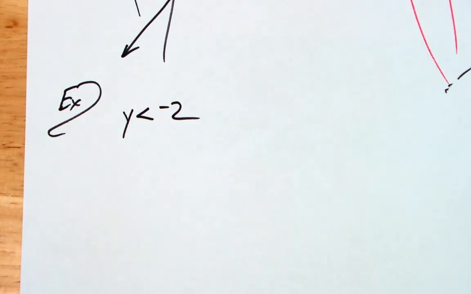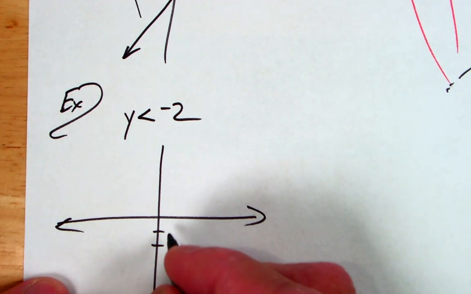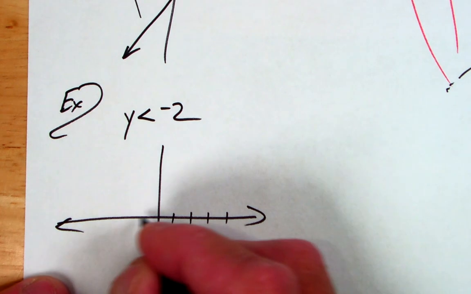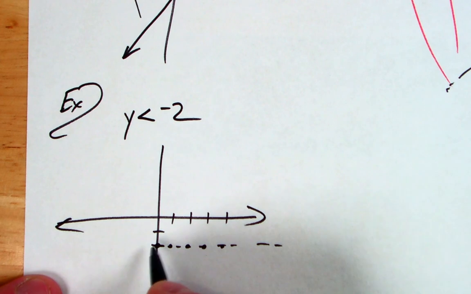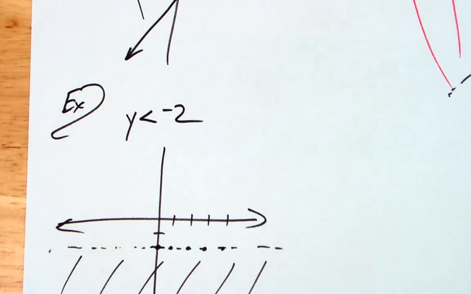Y is less than negative 2. Go. Do that one on your own. Okay, here we go. 3, 2, 1.